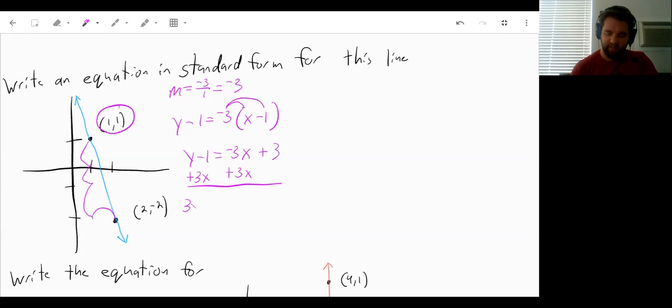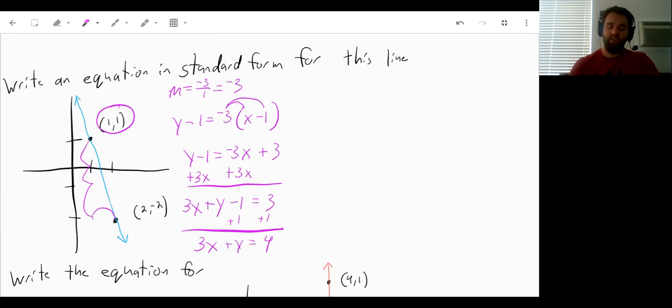So I'll have a 3x plus y, oops, that's an x, plus y, minus 1 equals 3. Now we just need to get that minus 1 over to the other side. So all that's left is just our number of x's and y's on one side. So we can now just add 1 to both sides, and we'll come out with a 3x plus y equals 4. And that's your equation in standard form of that line.